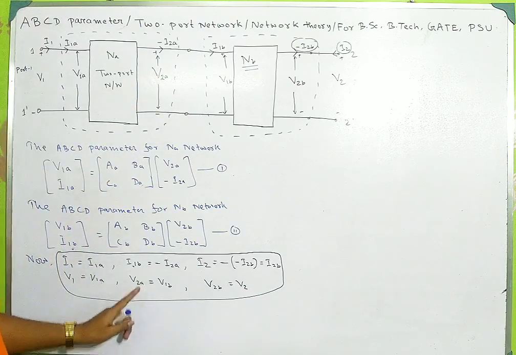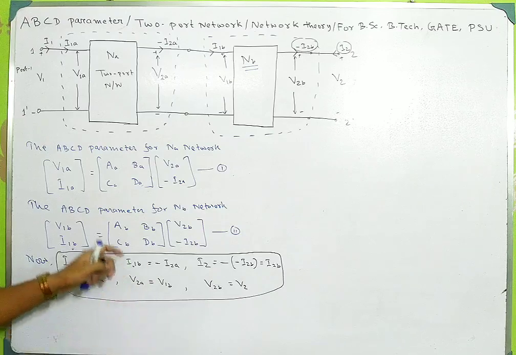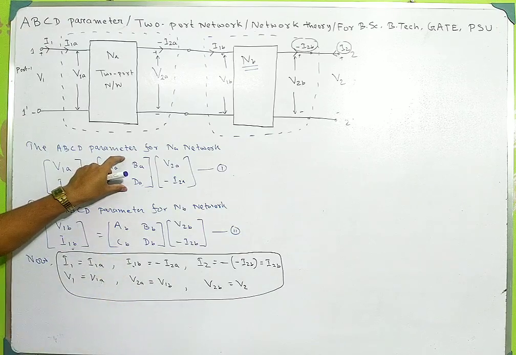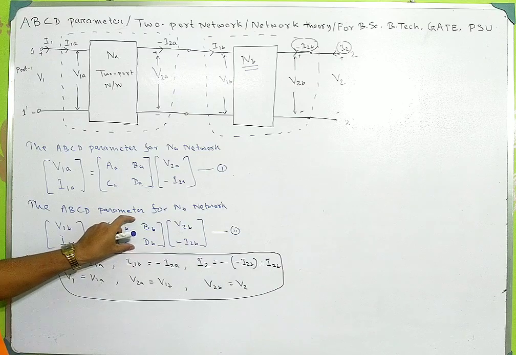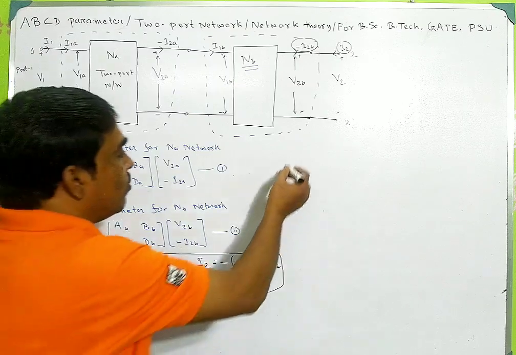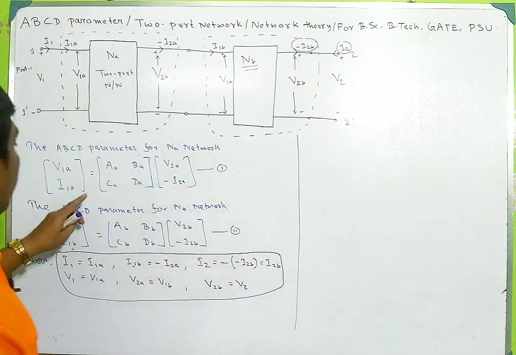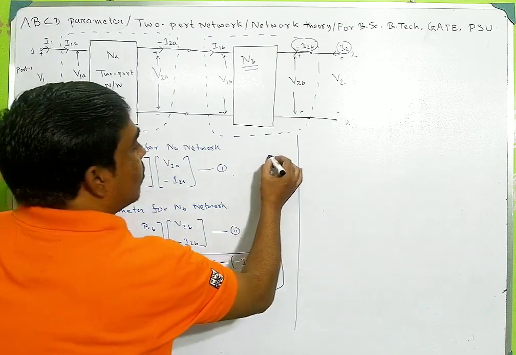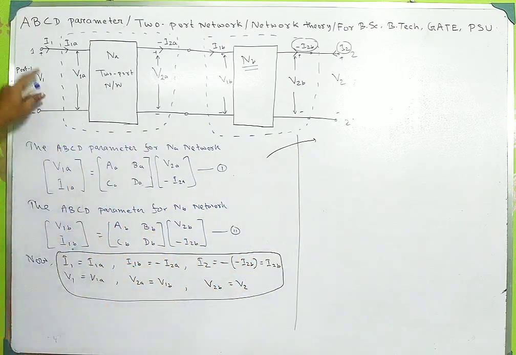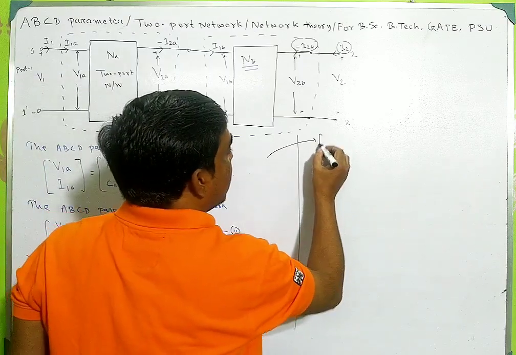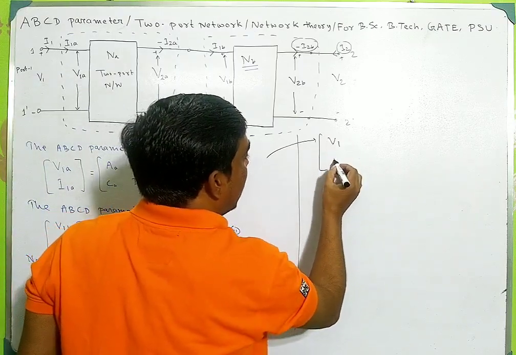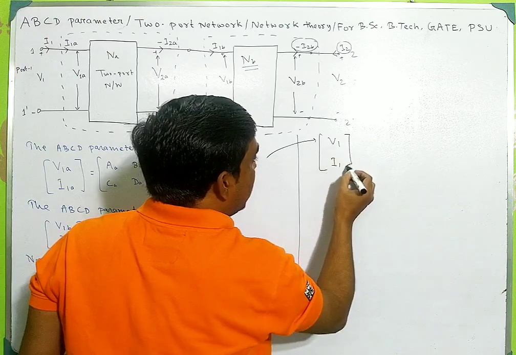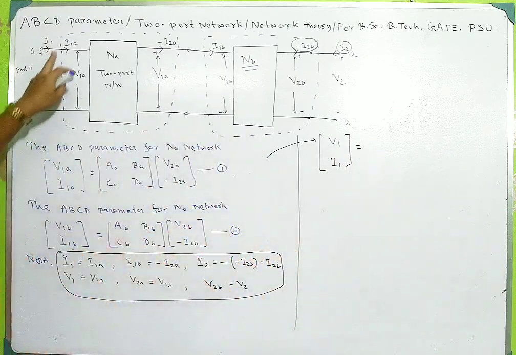Now we will establish the relation between this transmission parameter and this transmission parameter. We have taken V1 and I1, the input parameters of this cascaded network.